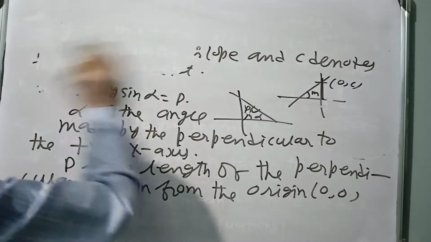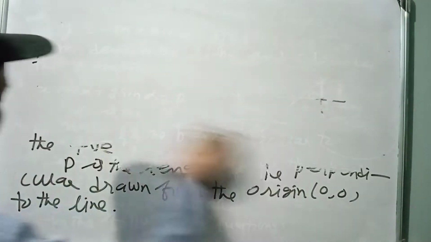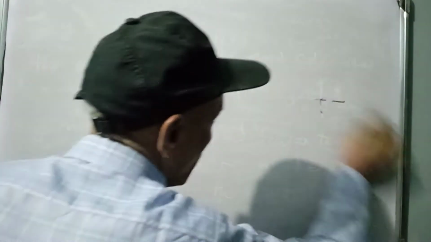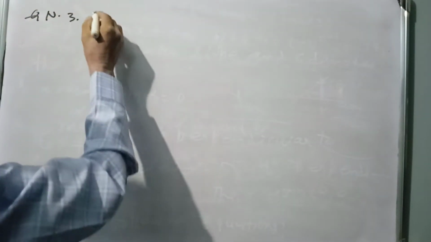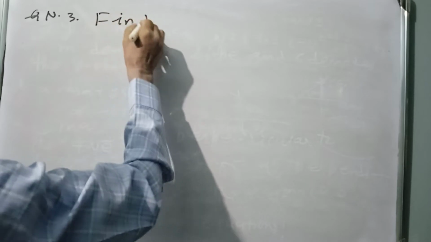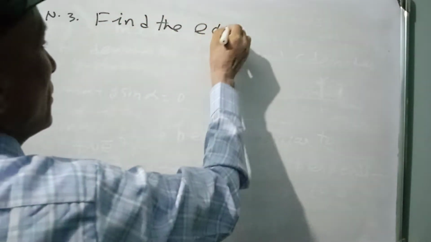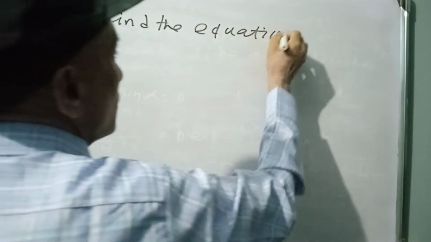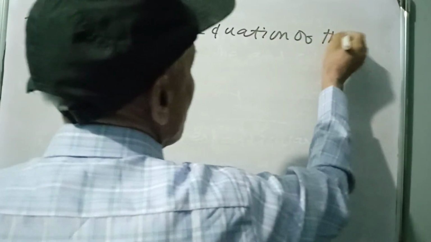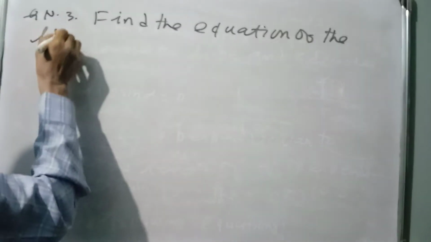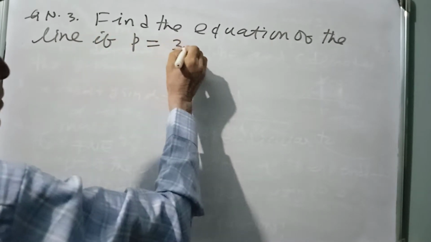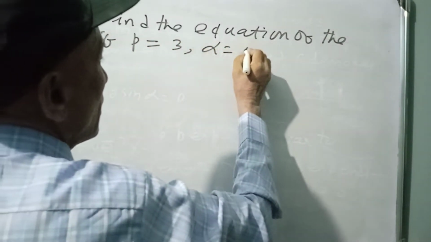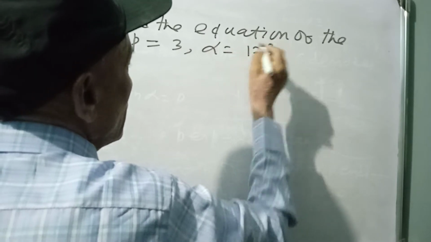Another question, number 3, perpendicular form. Question number 3: find the equation of the line if p equal 3 units and alpha equal say 120 degree.